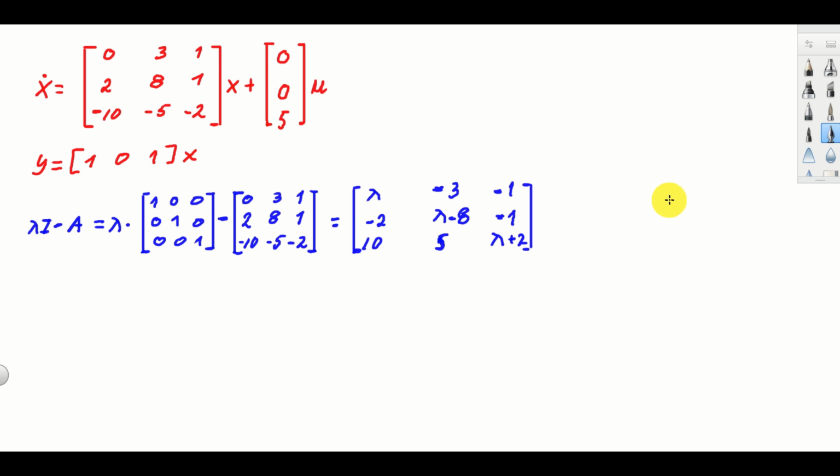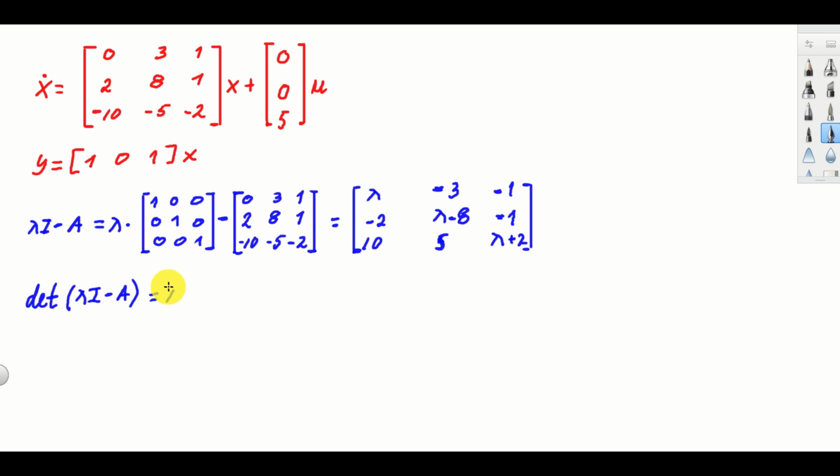The next step is to compute this determinant. So let's do that. Here you have to be very careful. We want to compute the determinant of lambda I minus A. Okay, so let's start from this entry.